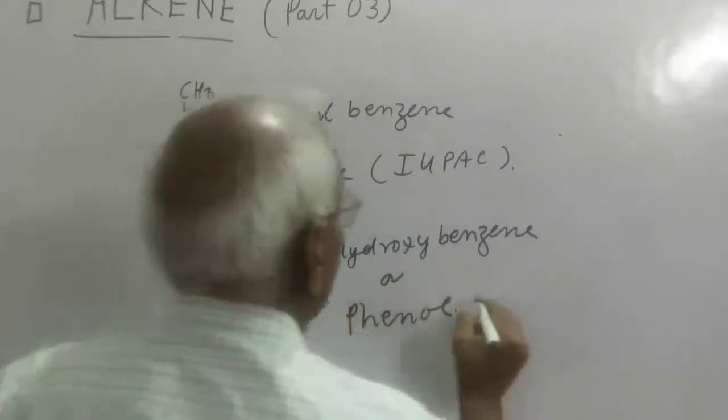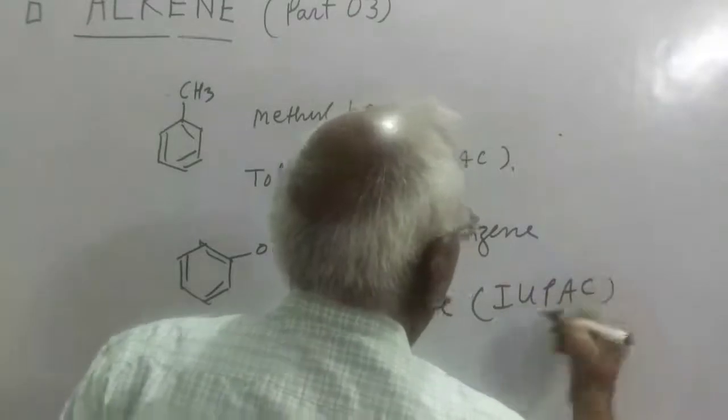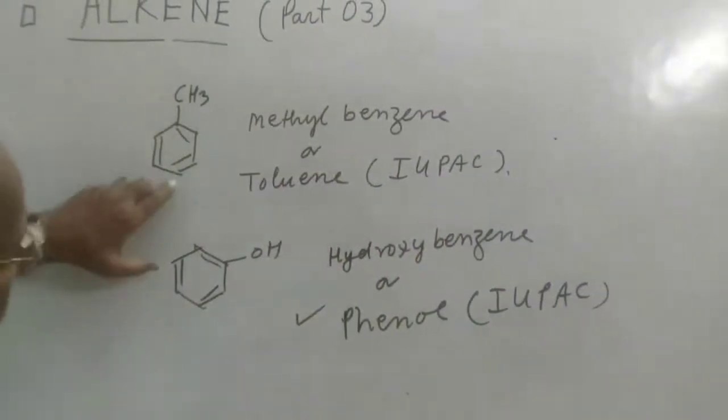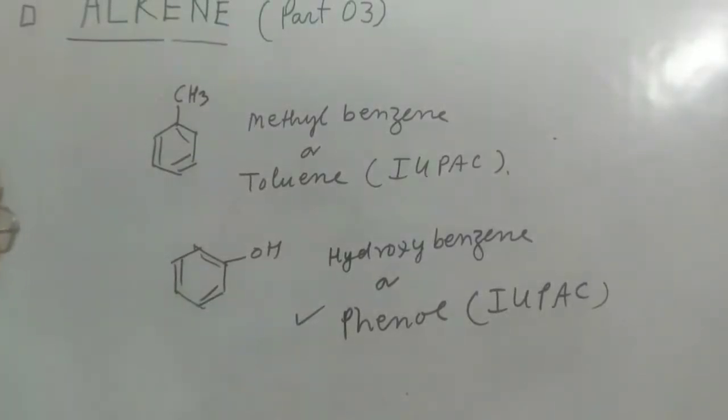In the IUPAC system, it is called phenol. I am giving these examples only because of the presence of 3 double bonds in the ring, so that the students may not be confused. It is necessary to show these examples before the students.